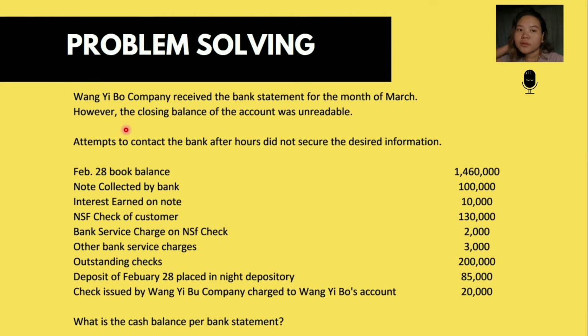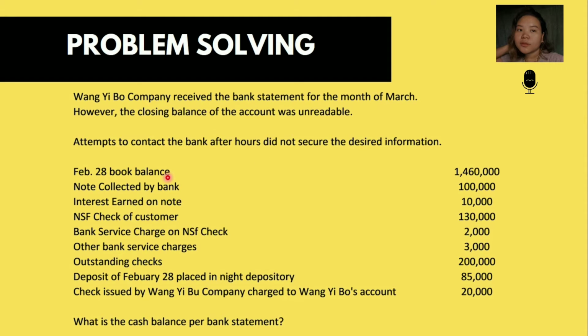Wang Yi Book Company received the bank statement for the month of March. However, the closing balance of the account was unreadable. Attempts to contact the bank after hours did not secure the desired information.